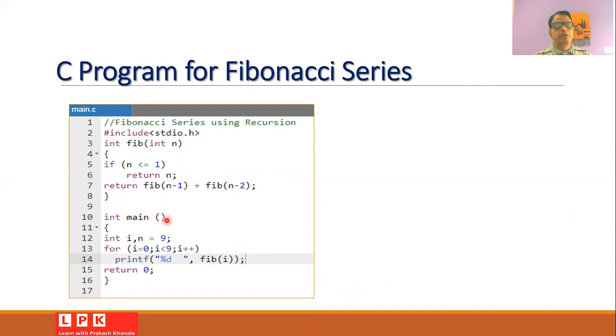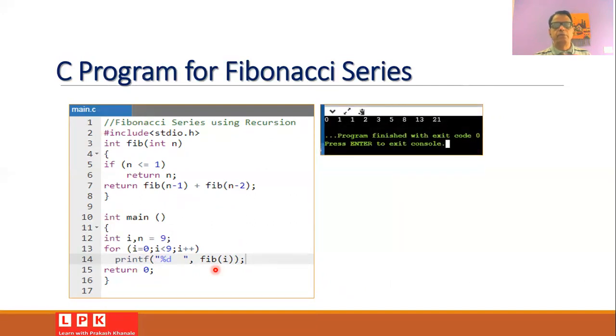In the main function, we assign the value n equal to 9, that is, we are generating up to 9 terms of the Fibonacci series. Then we use a for loop, and every time in the for loop we call the Fibonacci function so that the Fibonacci number will be printed.